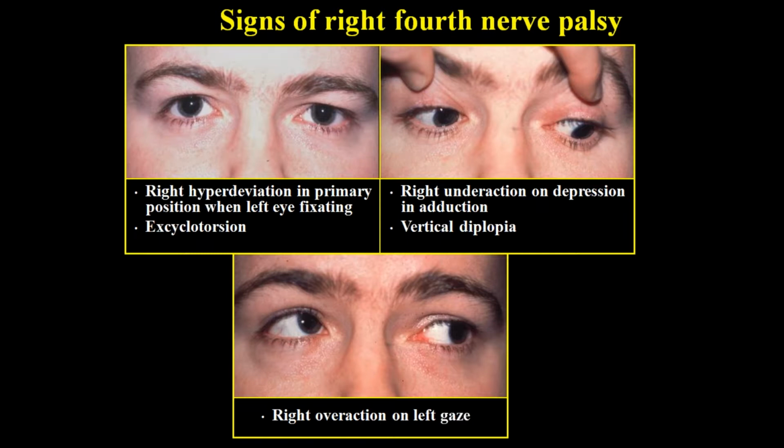So these are the basic features to identify superior oblique palsy: vertical diplopia, excyclotorsion, hyperdeviation, and increase of hyperdeviation in extreme gaze. There is a test called the Parks three-step test, which helps identify which vertical muscle is affected. We will not go into that because for undergraduate level this much is enough.